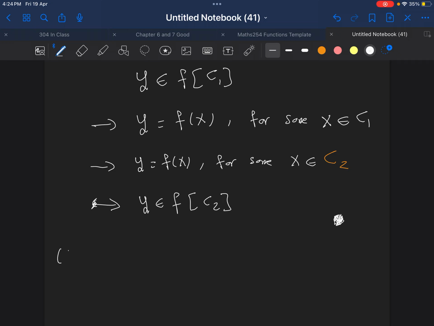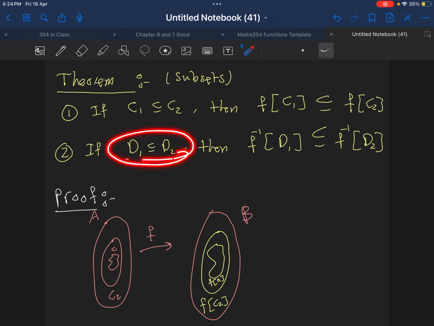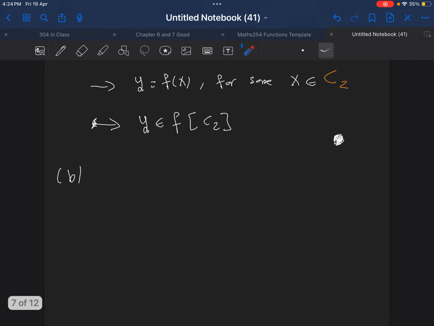For the second part of this theorem, part number 2, we will do the same thing. We will use direct proof, so we will assume D1 is a subset of D2, and then we need to take something here and show it is here. So for part 2, we'll do the same thing.